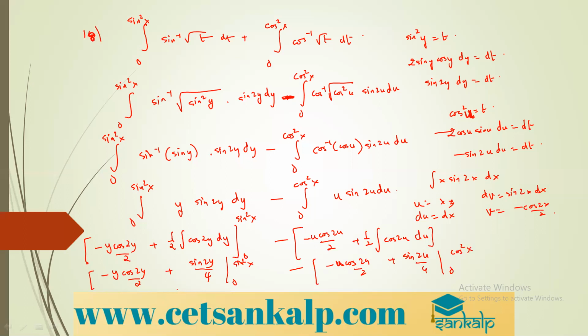Now wherever I have y, putting t in terms of t is very difficult. So I can change the bounds. When t is sine square x, then y will be equal to x. But when t is 0, y will be equal to 0. So I can put the bounds as 0 to x.